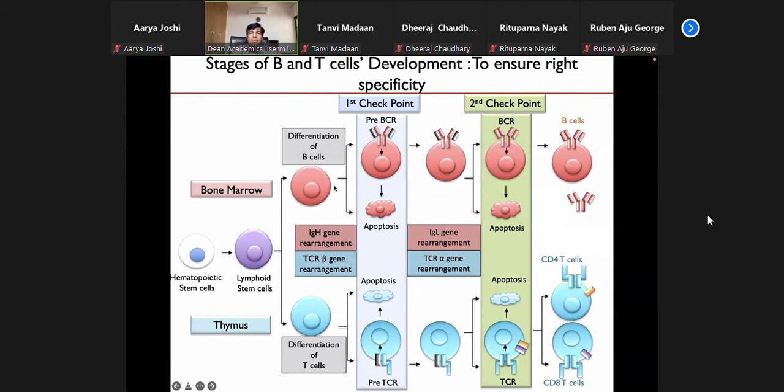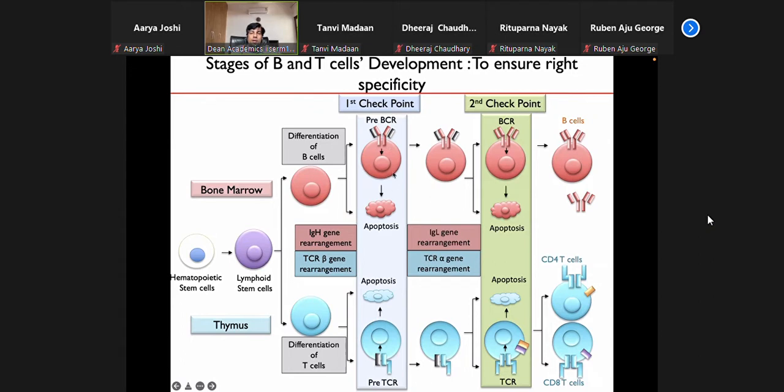So these cells have to die. Or if a cell fails to recombine this immunoglobulin heavy chain gene, or fails to assemble with pre-BCR, all these processes are going to kill a significant number of these cells through the process of apoptosis. The cells die.